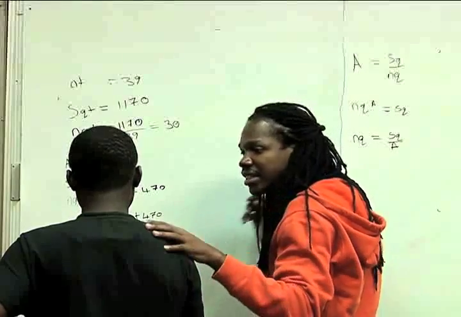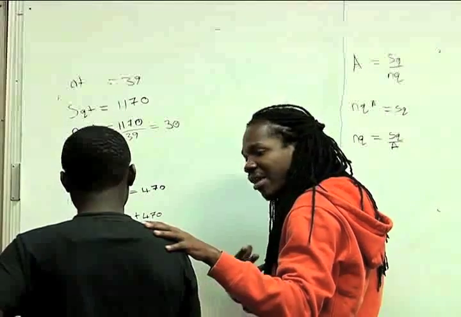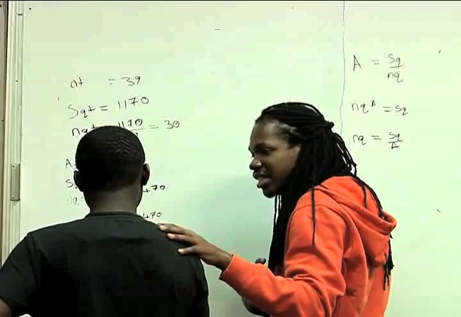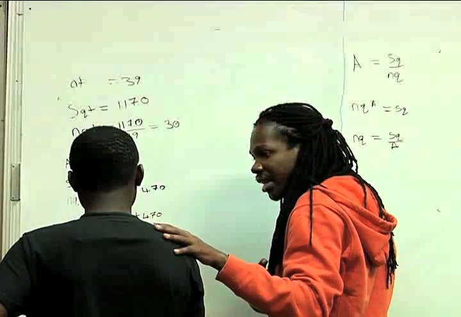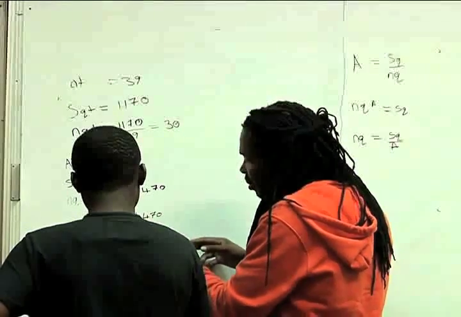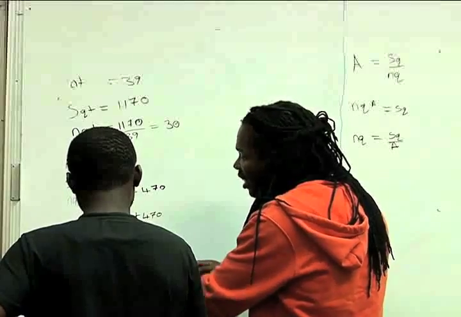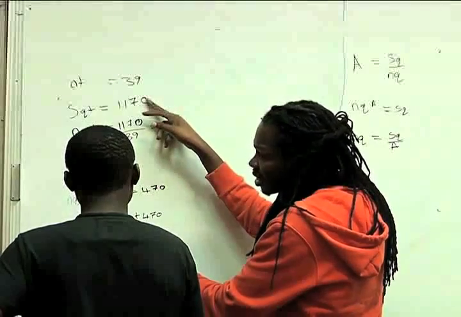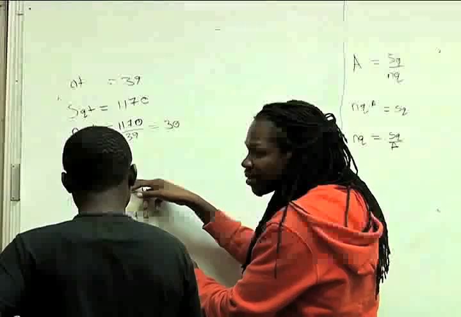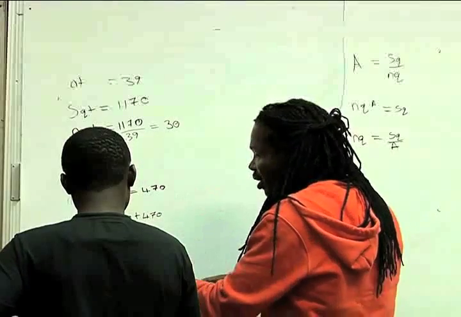You add them because two of them are people. I'm a teacher and you are a student. So now we want to find total age, so you add teacher total age and student total age.